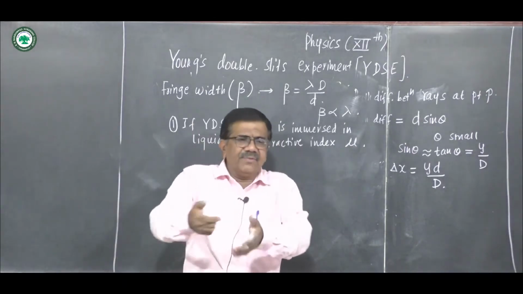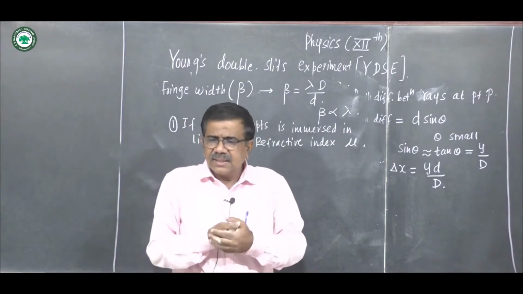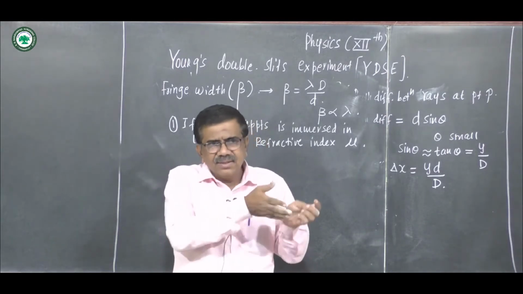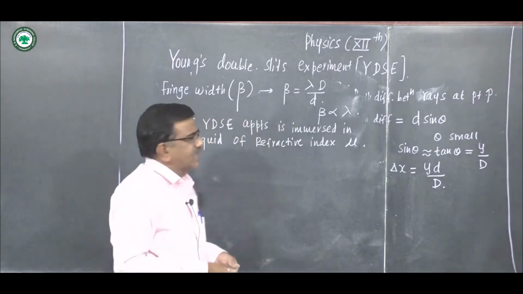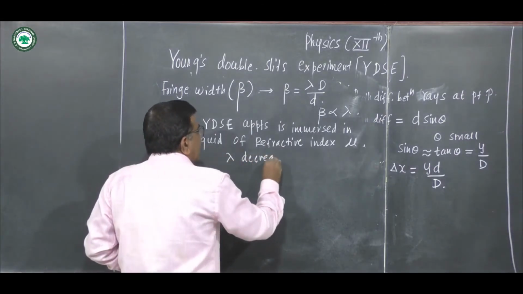From air to liquid, from rarer to denser medium, we know wavelength decreases. So lambda decreases mu times.